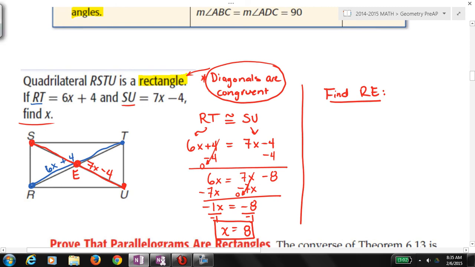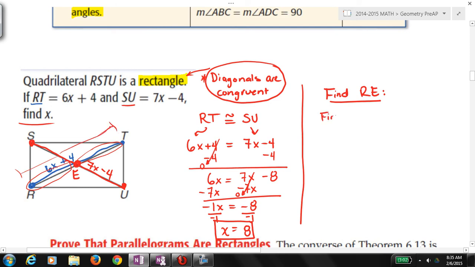Not only are the diagonals congruent, but remember that the diagonals are going to bisect each other. So this piece right here, R to E, is going to be the same thing as E to T, which is half of my diagonal.